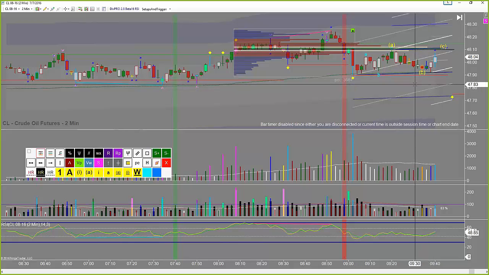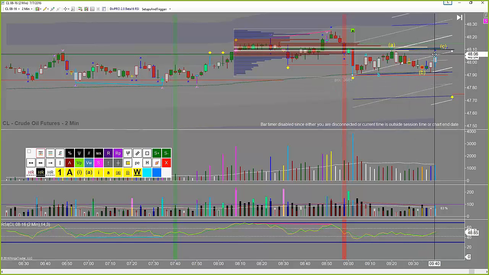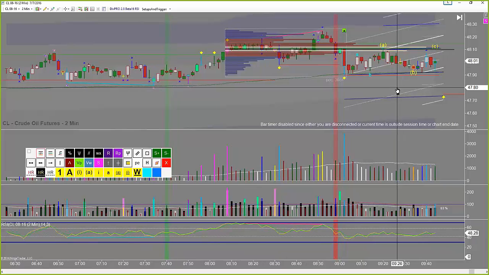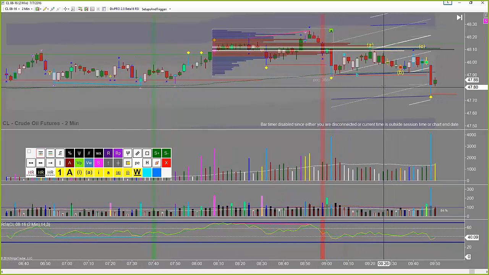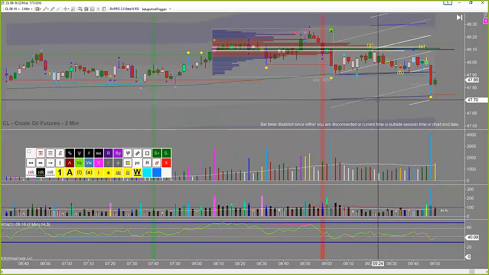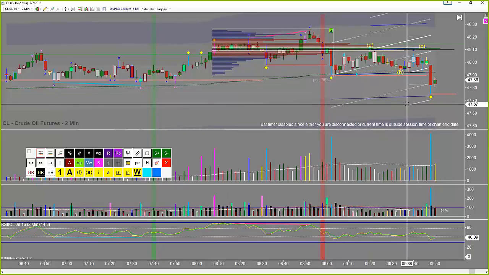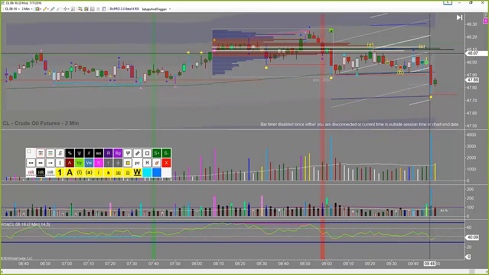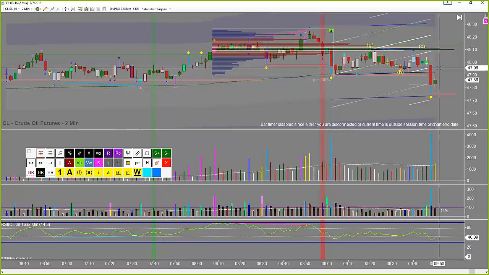And right as I was waiting for that to happen, it hit the median line right here, and then did that right there, and totally missed it. So I was waiting for it to come back to, I think I was saying 48.12, 48.11, 48.12, and it just didn't happen. So what are you going to do?